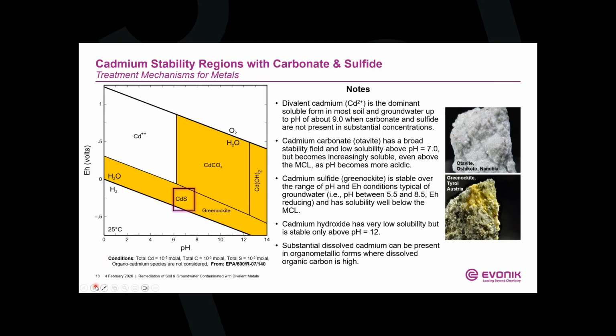On the other hand, cadmium sulfide, greenockite, is stable over a very broad range of pH and EH conditions, well below the MCL, and does not come above the MCL even if you get fairly strong acidification.